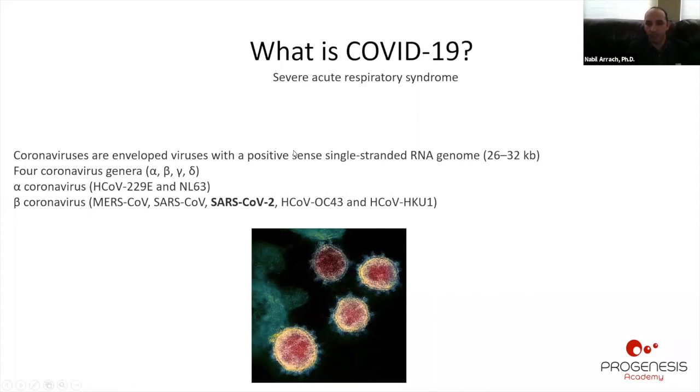Last few weeks, we have been talking about the coronavirus, and I mentioned in my presentation last time the genetic makeup of the virus. Just a quick reminder, COVID-19 belongs to beta coronavirus that has a high similarity with SARS virus and some similarity with the Middle East coronavirus type.